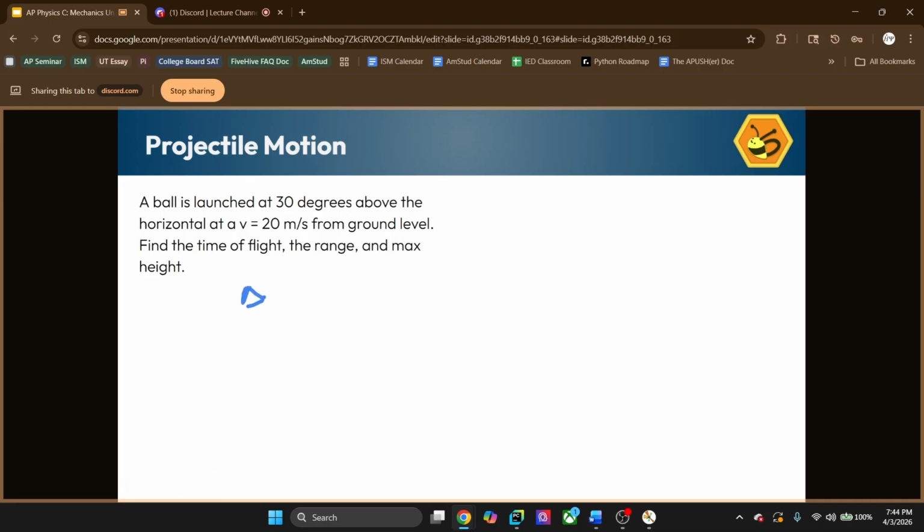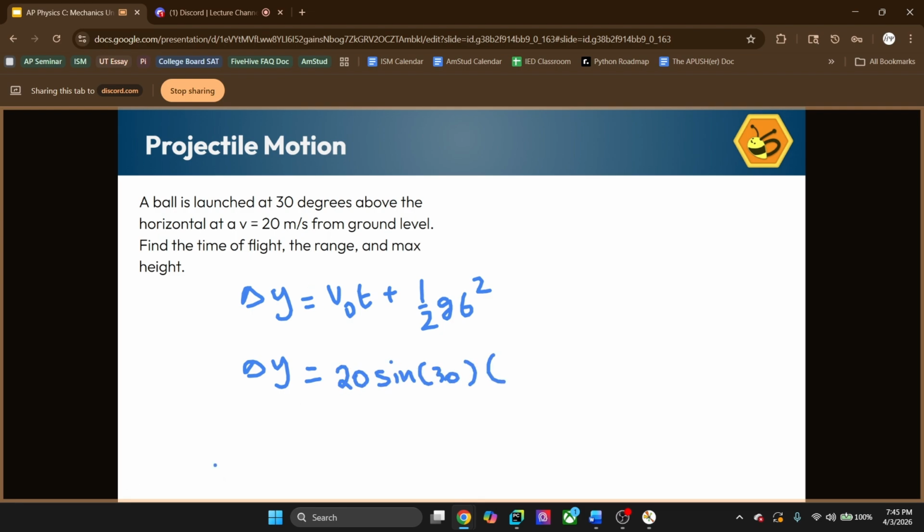We know that delta y equals v naught t plus 1/2 gt squared. So v is 20 sine theta, so 20 sine theta times the time, 1.02, plus 1/2 times negative 9.8 times 1.02 squared. That's delta y.